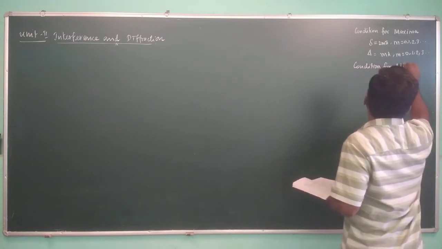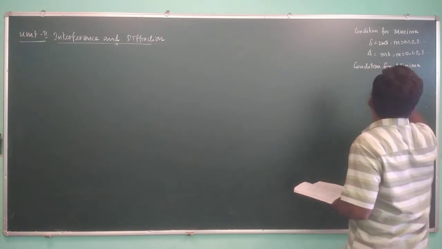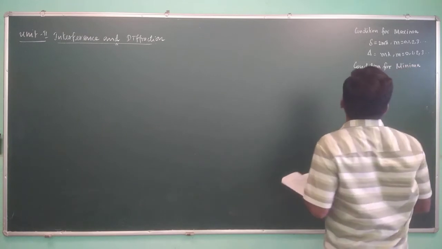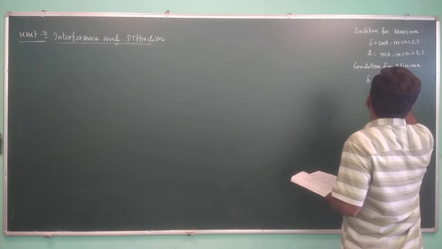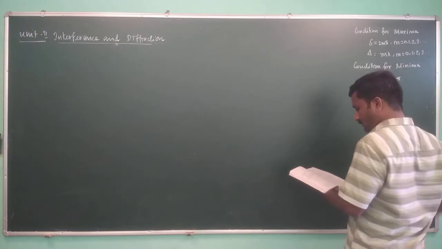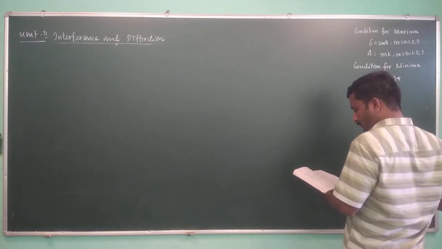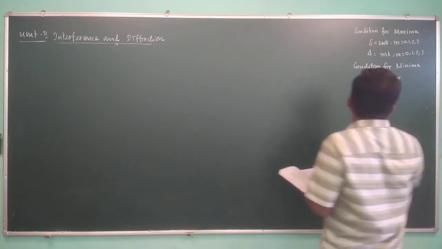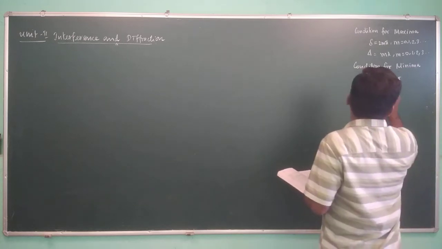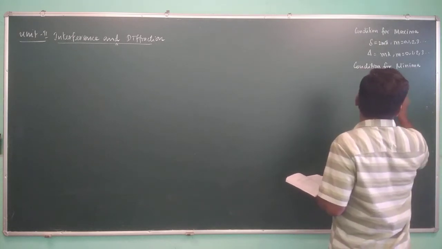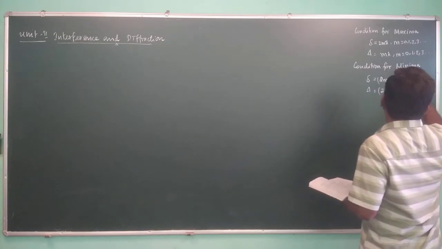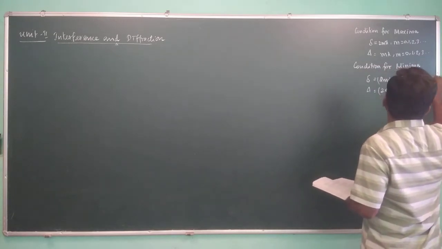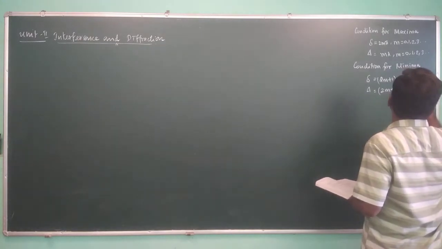Condition for minima to happen: when the phase difference is 2m plus 1 pi, or the path difference is 2m plus 1 lambda by 2. In both cases, m runs from 0, 1, 2, 3 and so on.